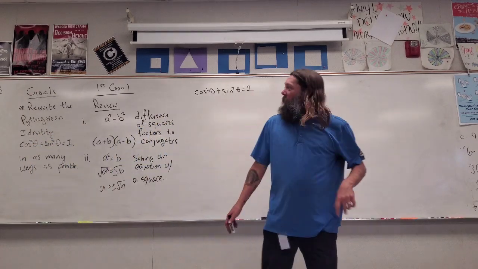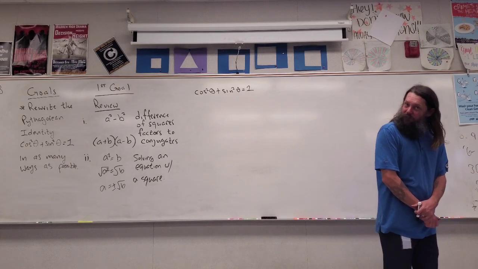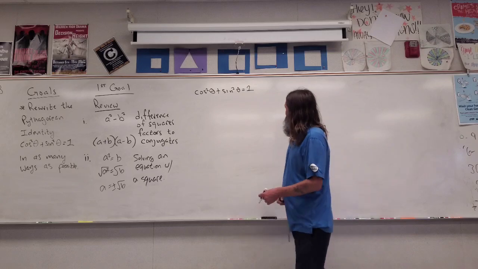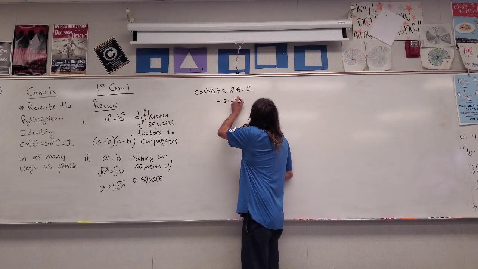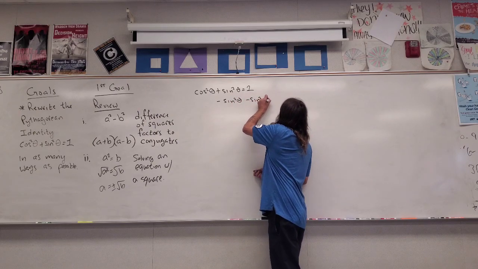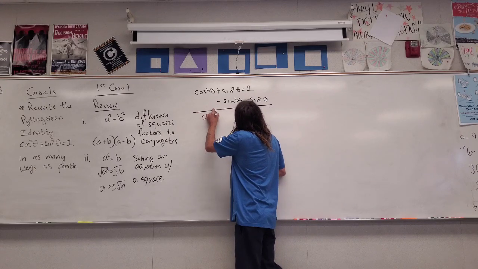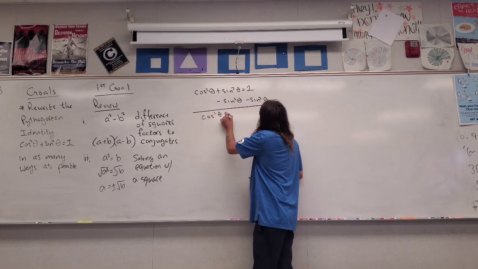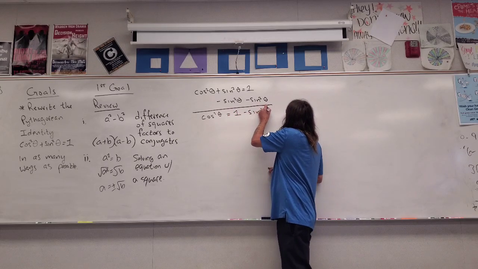All right, so let's go ahead and start with our Pythagorean identity. The first thing I can do to rewrite this would be to subtract sine squared theta from both sides. I am now left with cosine squared theta is equal to 1 minus sine squared theta.